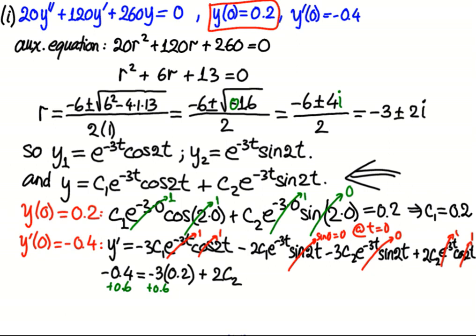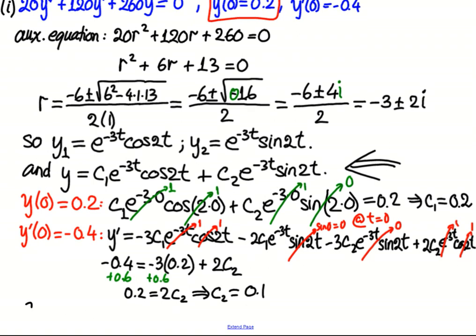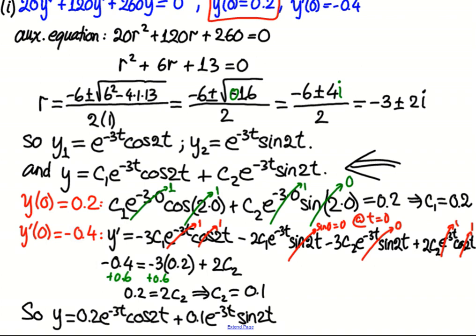And so we have 0.2 equal to 2 c2. So c2 is 0.1. Right. And with that, we have the equation of motion: 0.2 e to the negative 3t cosine 2t plus 0.1 e to the negative 3t sine of 2t. So that is the first part of the question.